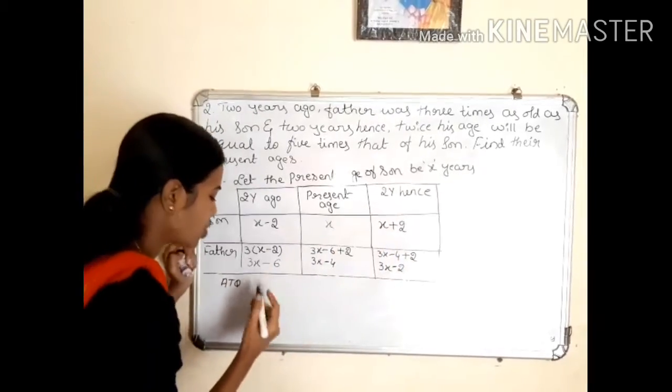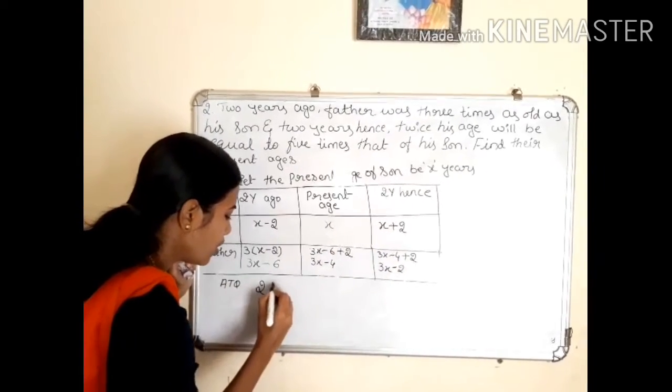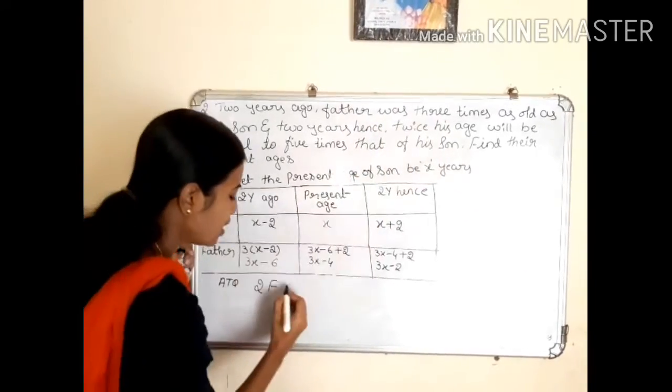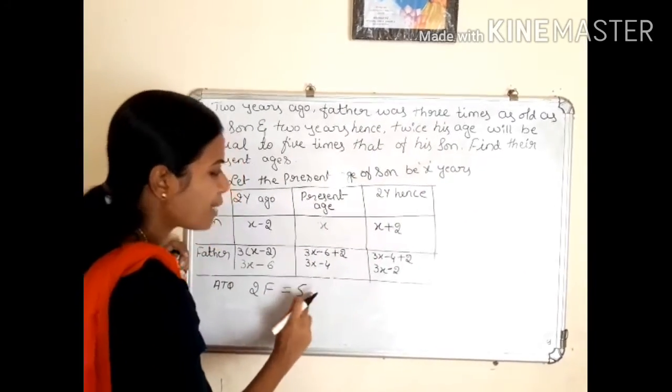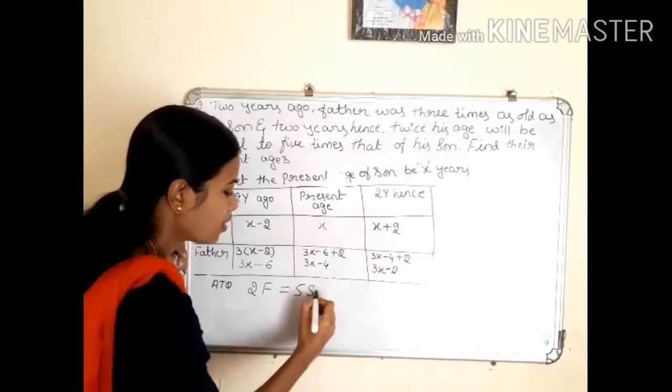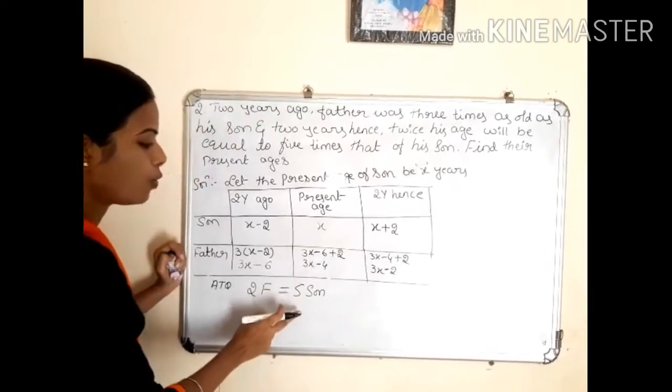So according to the question, I will write 2 times father's age equal to 5 times son's age.